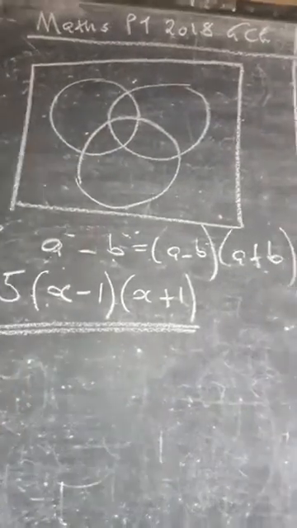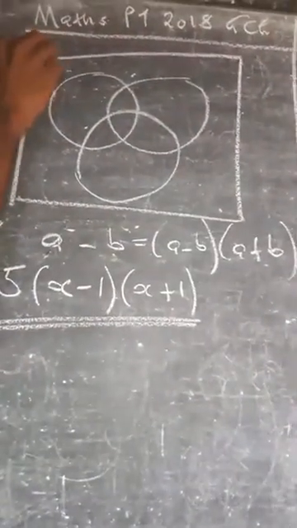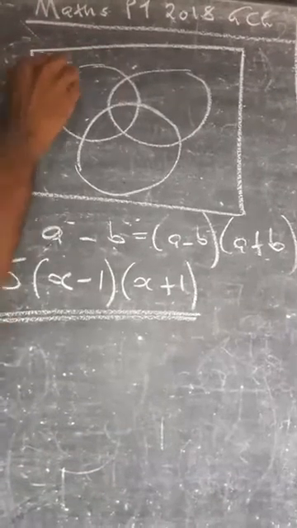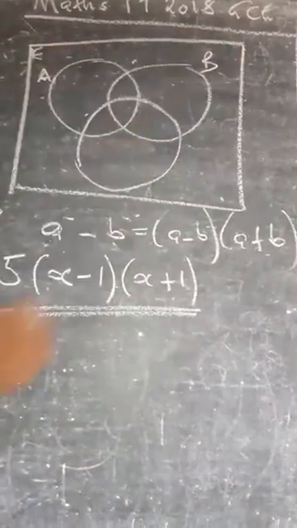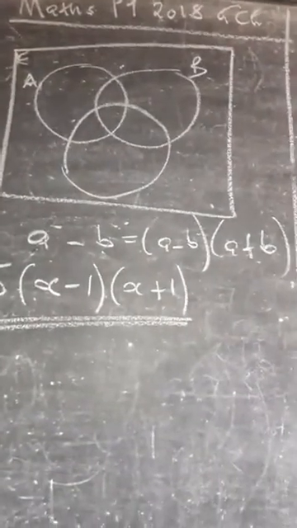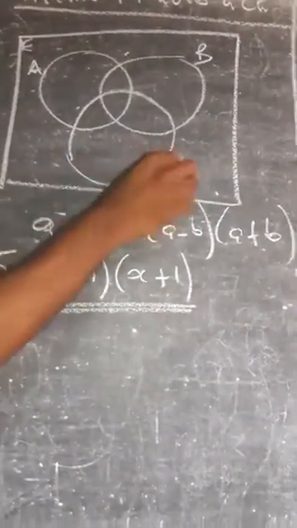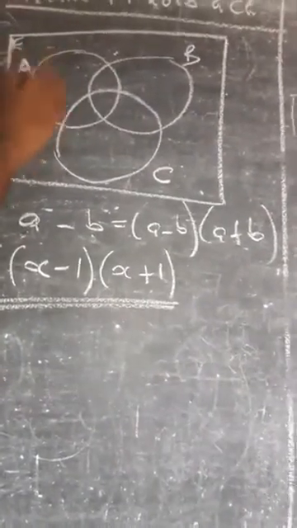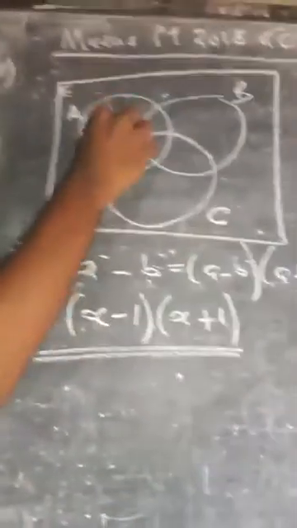So we have some circles here. So we have this C, and the part which has been shaded is this.